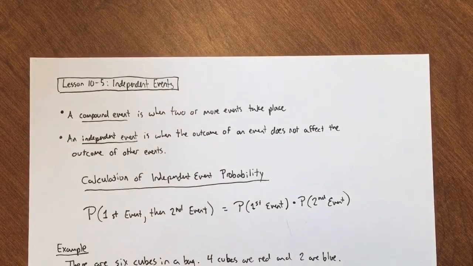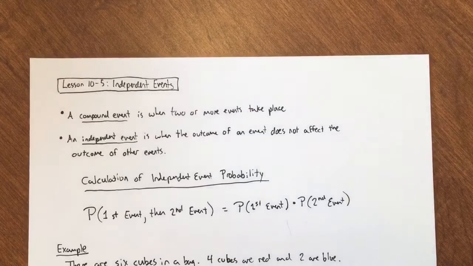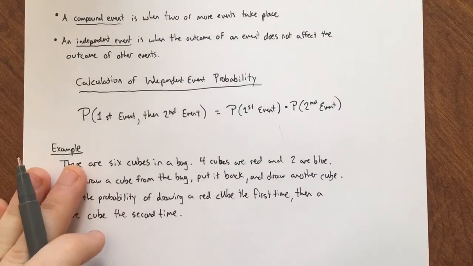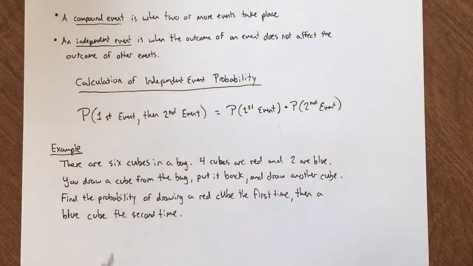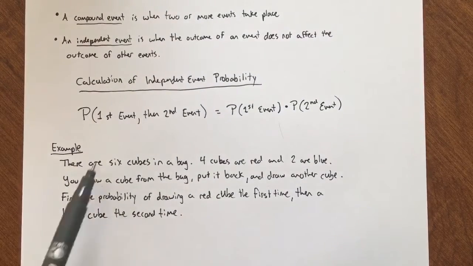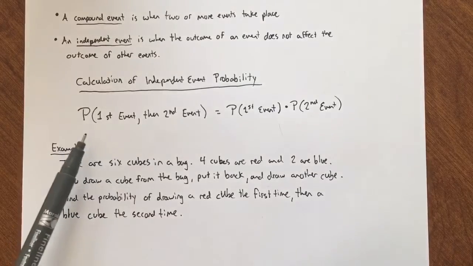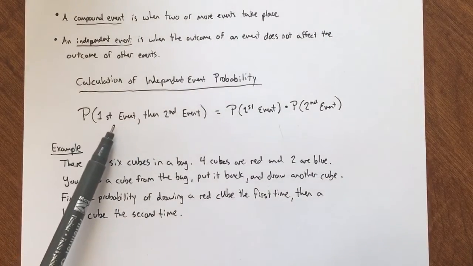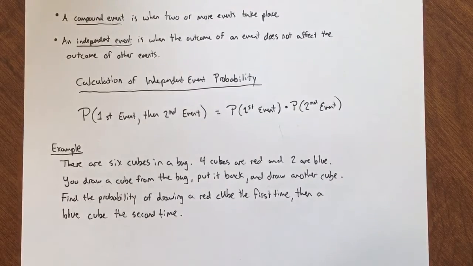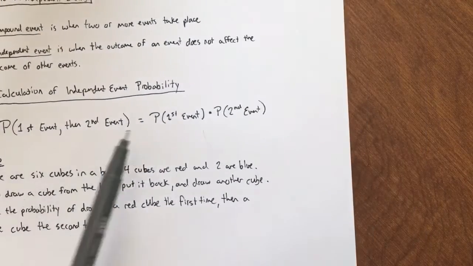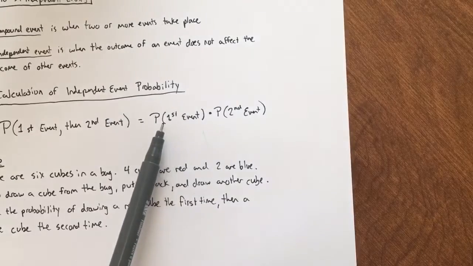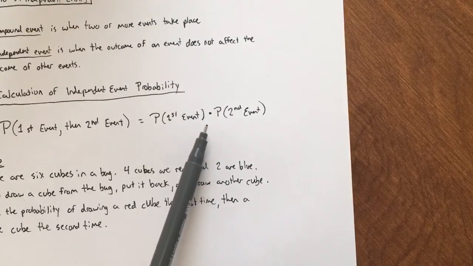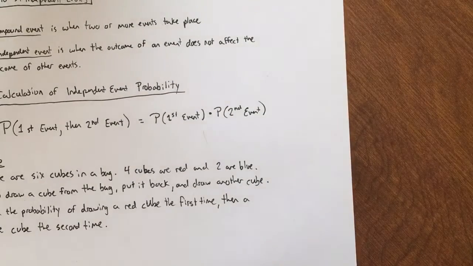So how do we calculate independent event probability? It's actually really easy to do. If you recall the notation that we used earlier in the chapter on how we represent probability, this is an example of a compound event here. So the probability of the first event, then the second event happening, is equal to the product, or the probability of the first event times the probability of the second event.